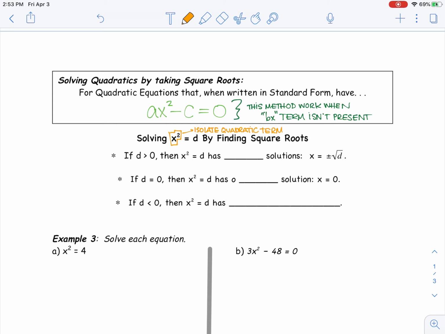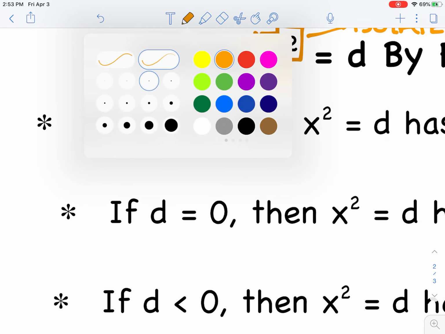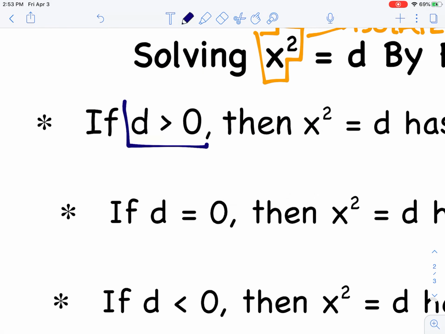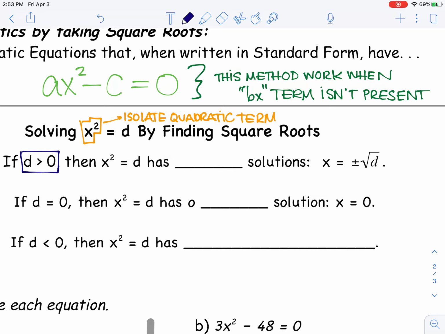So before we start actually doing this process, let's discuss what results we can expect to see. Since a quadratic is degree 2, the most solutions we could have is 2. And that is going to happen when this D term is positive or greater than 0.